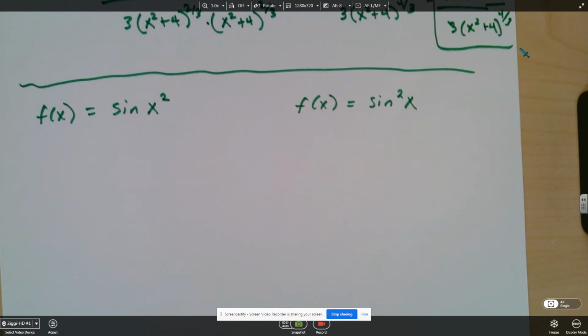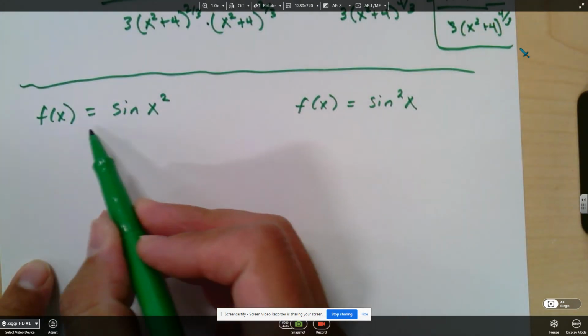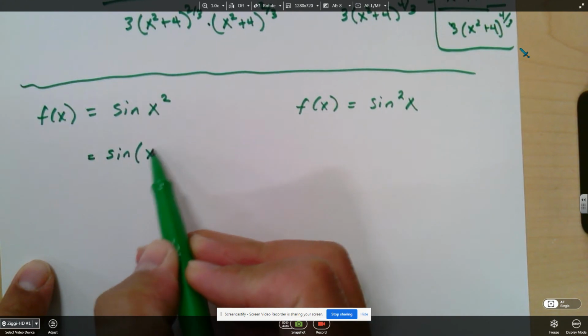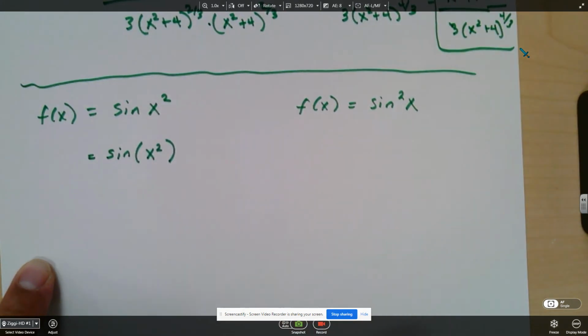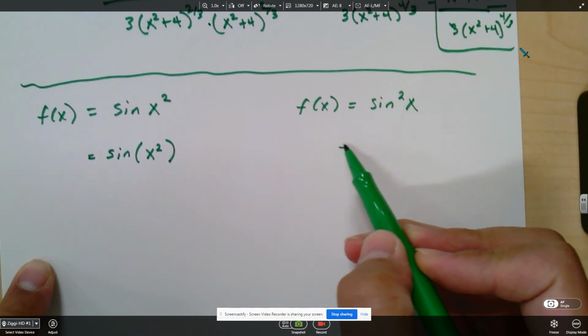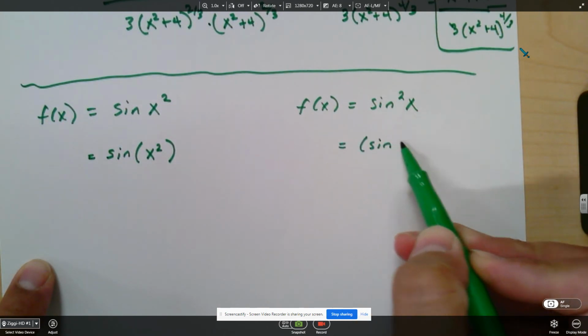Okay, so these look really similar, but the inner and outer functions are different. So when you see it written like this, it actually means this. And when you see it written like this, it actually means this.